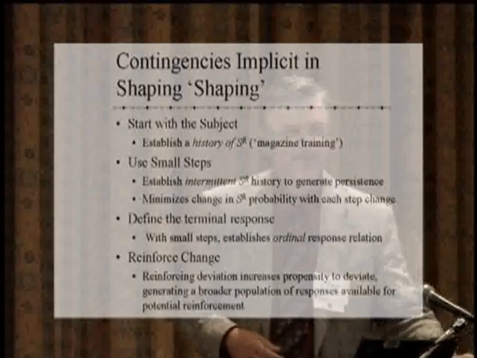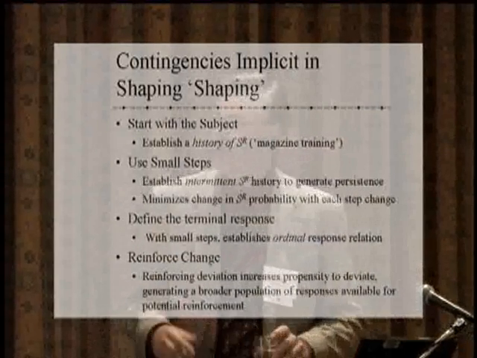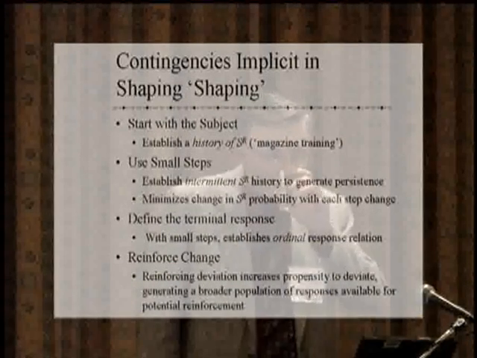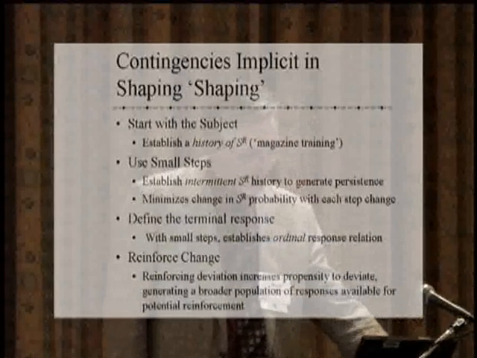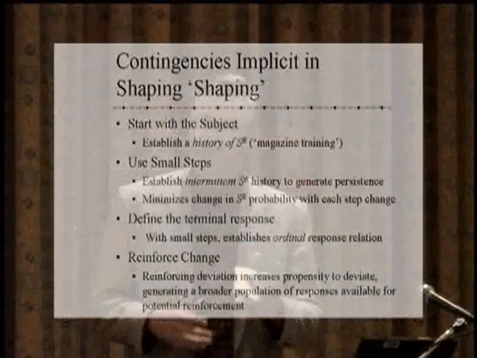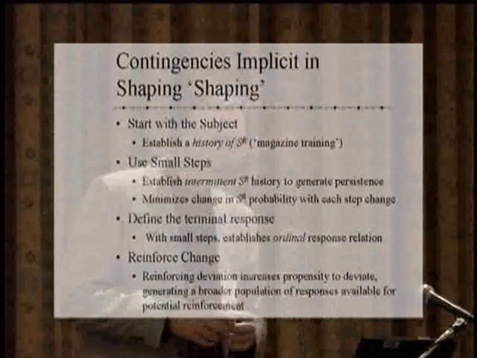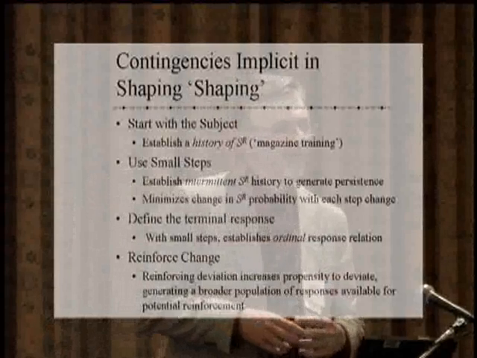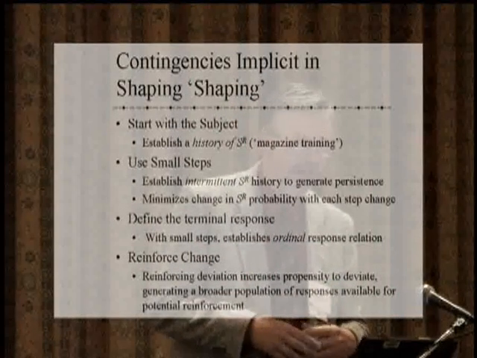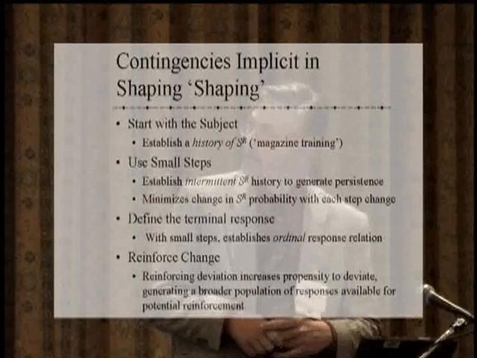We use small steps to do two things. Small steps, first of all, establish intermittent reinforcement, which generates persistence in the face of the extinction that we're going to have to impose, so they keep responding as the differentiation is progressive.